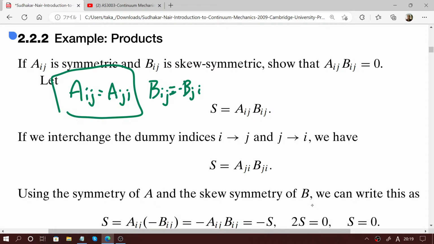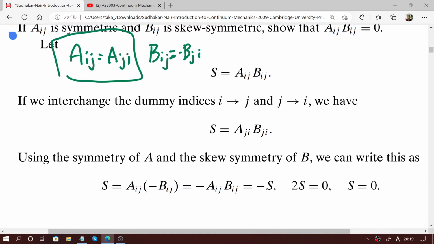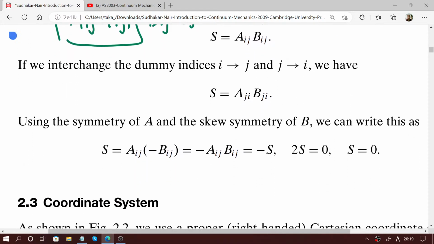So let S equal Aij Bij. If we interchange dummy indices, I goes to J and J goes to I, we have S equals Aji Bji. Using the symmetry of A and the skew symmetry of B, we can write this as S equals Aij times minus Bij.